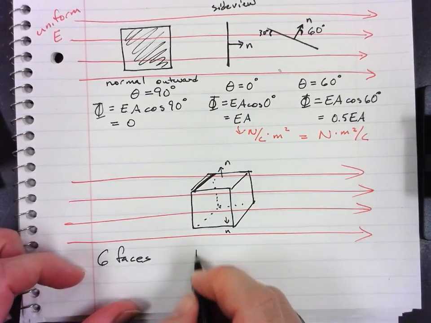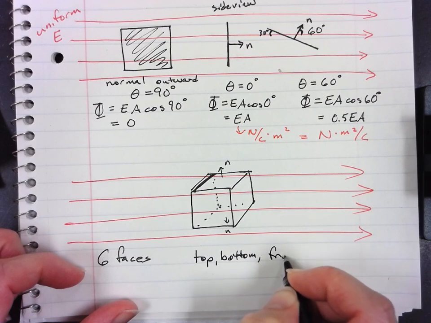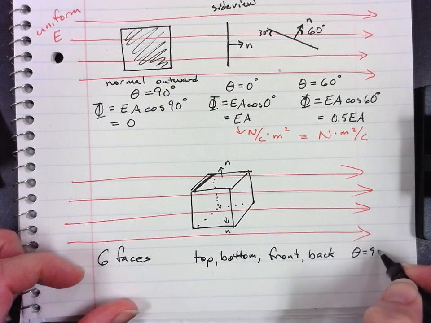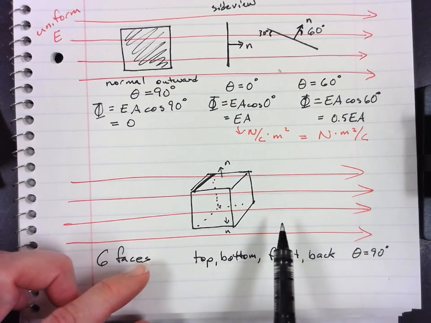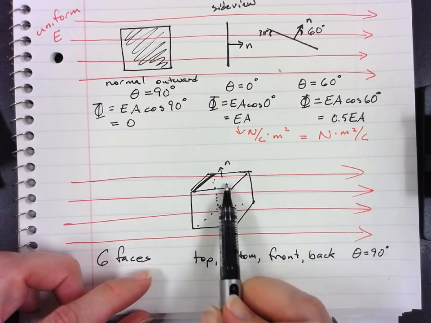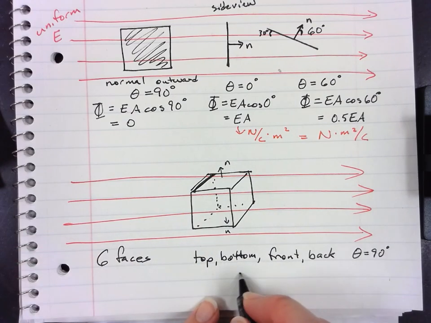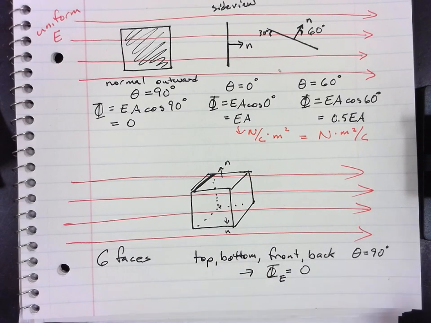So for all 4 of those, top, bottom, front, and back, theta equals 90 degrees. Another way of saying that is no electric field lines go through the top, or the front, or the bottom, or the back. So the flux equals 0. We only then have to worry about the left and the right.